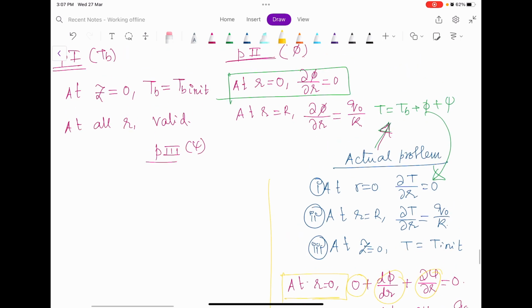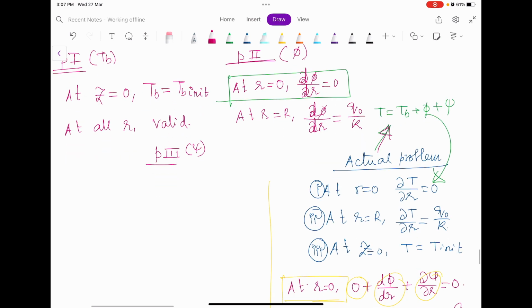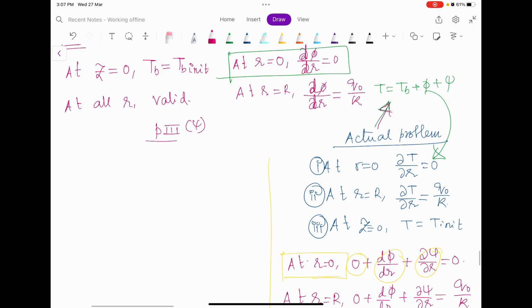For z at r equal to 0 there is nothing, and for phi these are d phi dr. So at r equal to 0, del psi del r is equal to 0.